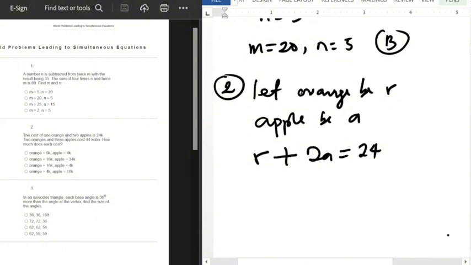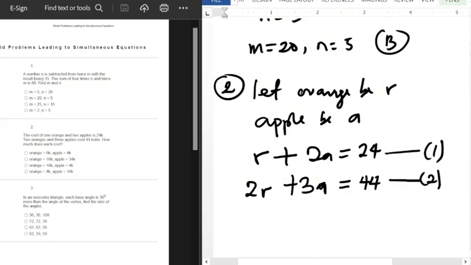And then the next one is two oranges, that is 2R, plus three apples, 3A, equals 44. So this is equation 1, this is equation 2, alright?